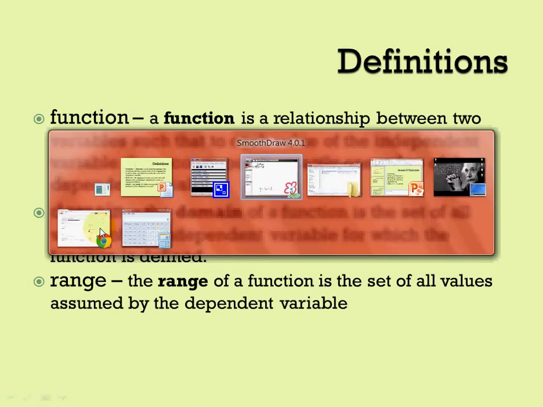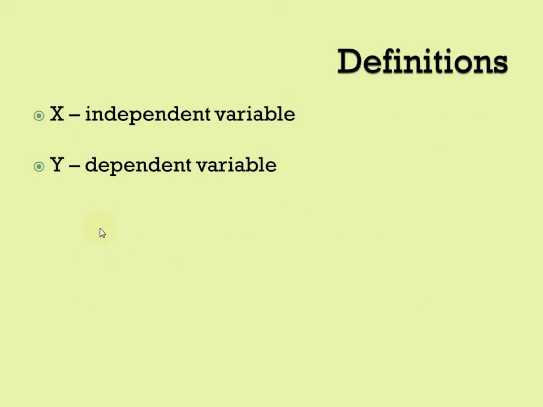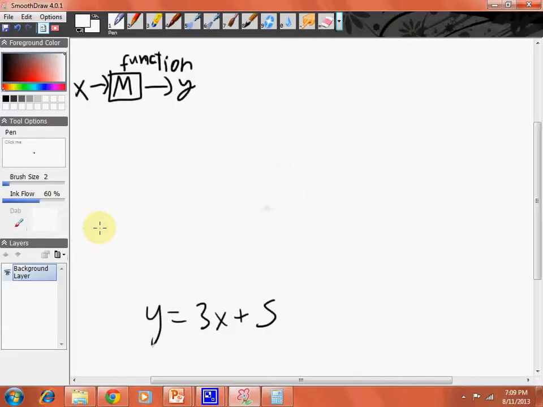So let's talk about the machine. Before we talk about the machine, let's talk about independent and dependent variables. It's human convention that we call X the independent variable and Y the dependent variable. Some guy started this, saying let's have all of our students learn that we're going to have Y equals 3x plus 5.